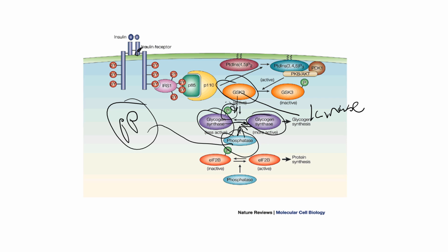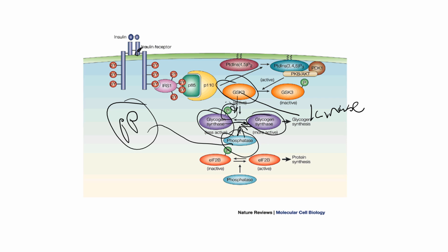So protein phosphatase and glycogen synthase kinase are trying to do opposite things to glycogen synthase. Protein phosphatase is trying to activate glycogen synthase by dephosphorylating it, and glycogen synthase kinase is trying to deactivate glycogen synthase by phosphorylating it.